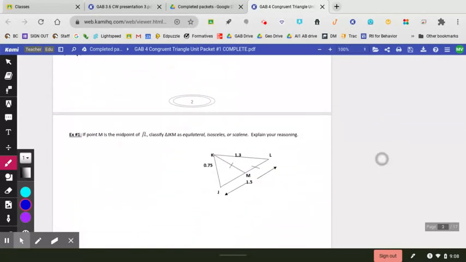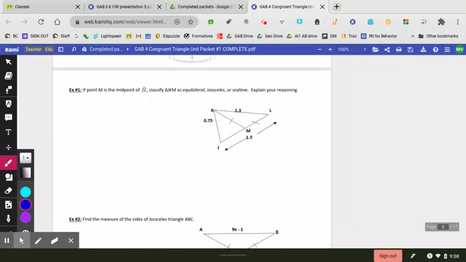So let's take a look. Example 1. If point M is the midpoint of JL, classify triangle JKM as isosceles, equilateral, or scalene. Explain your reasoning. When I look at this, I know that M is the midpoint of JL. So that means JM is congruent to LM, and it was labeled that LM is congruent to KM.